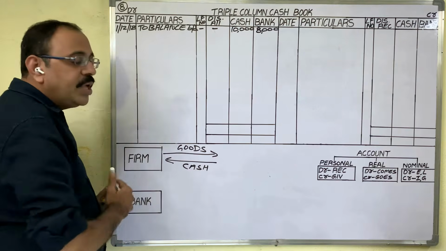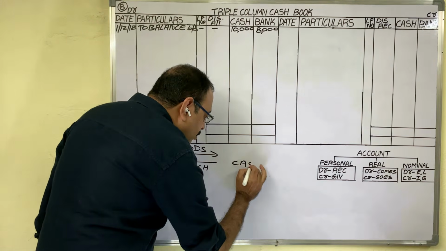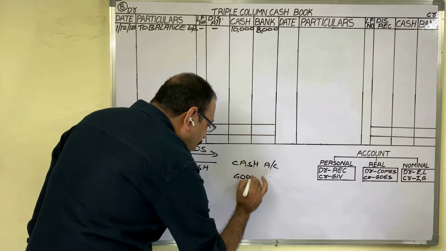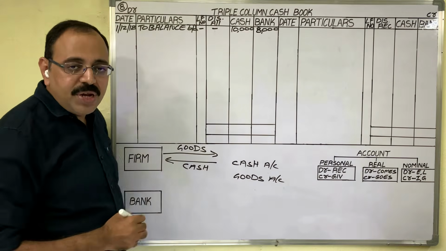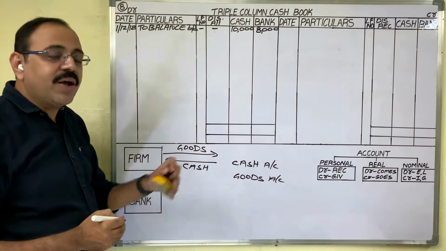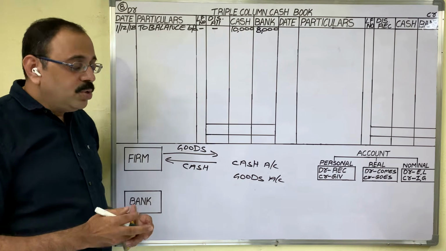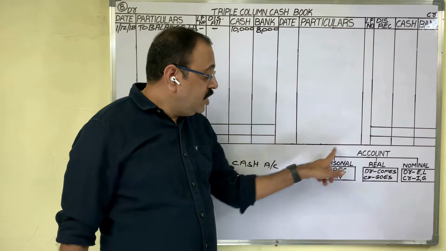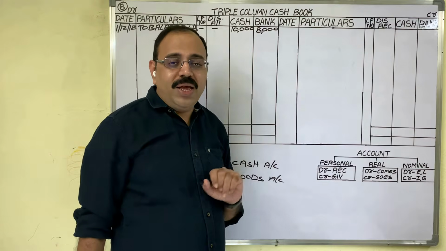As cash is coming into the firm, cash account is one account. Goods are going from the firm. Therefore, goods account is another account. The first step is completed: identification of accounts. The second step is grouping. For that, you should know the types of account. Account is divided into three types: personal account, real account, nominal account.